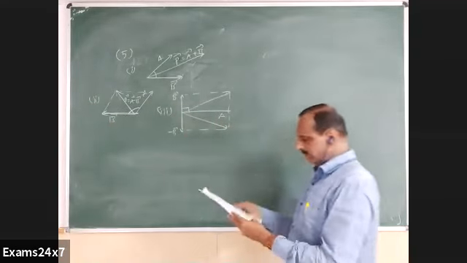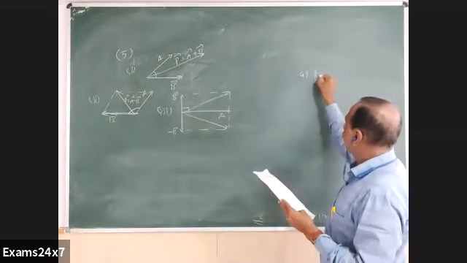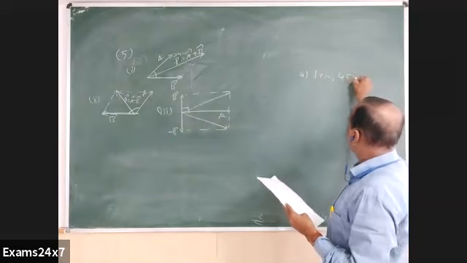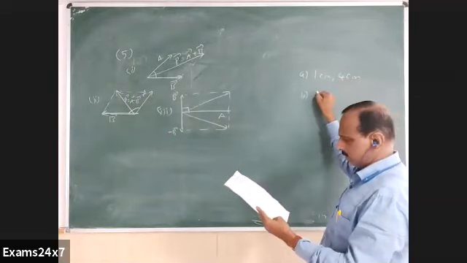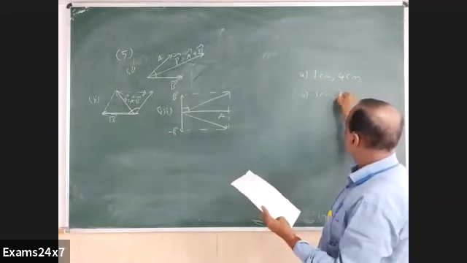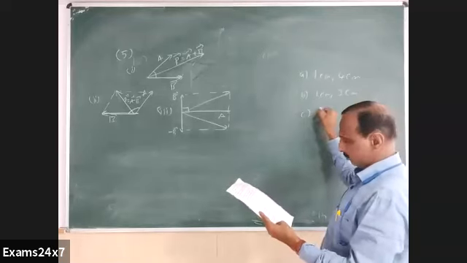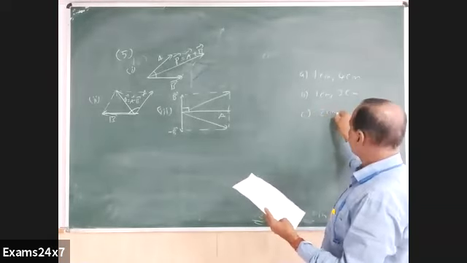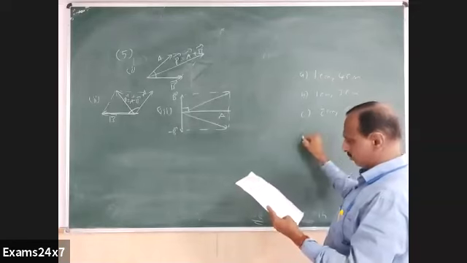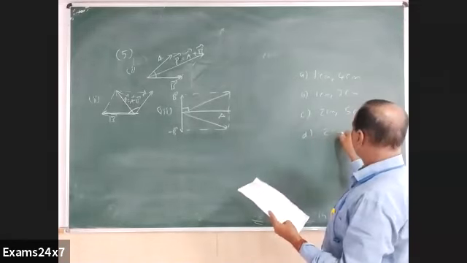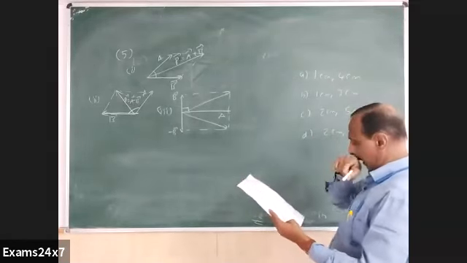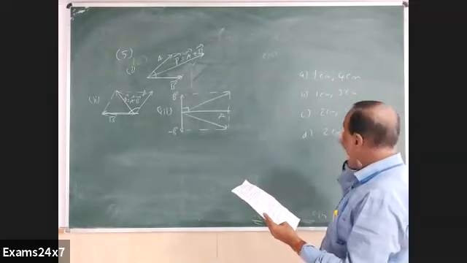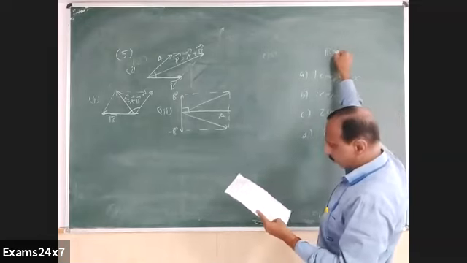Which are the pairs? 1 cm, 4 cm; 1 cm, 3 cm; 2 cm, 5 cm; 2 cm, 7 cm. And you want a resultant of 4.